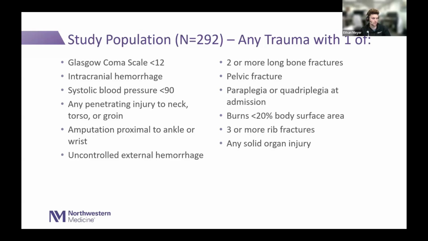So we have a Glasgow Coma score less than 12, intracranial hemorrhage, systolic blood pressure less than 90, any penetrating injury to the neck, torso, or groin, amputation proximal to ankle or wrist, uncontrolled external hemorrhage, 2 or more long bone fractures, pelvic fracture, paraplegia or quadriplegia at admission, burns that were less than 20% surface area of the body, 3 or more rib fractures, and then any solid organ injury. So a pretty wide variety of patients that they pulled in with trauma with various characteristics and injuries.